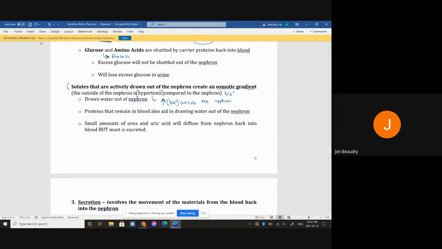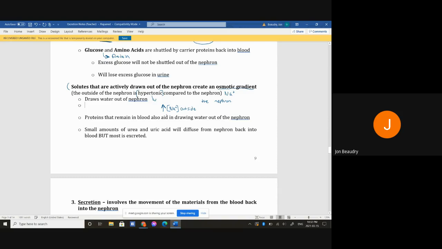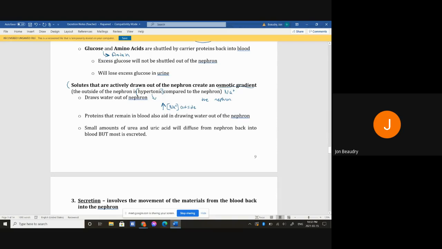The result of this is that water follows passively via osmosis.